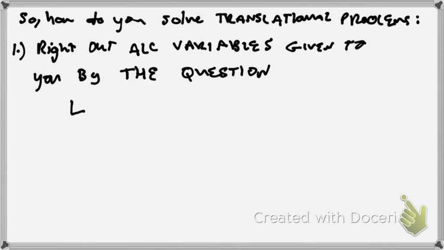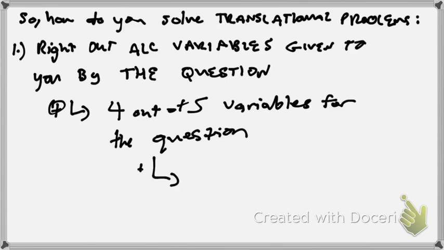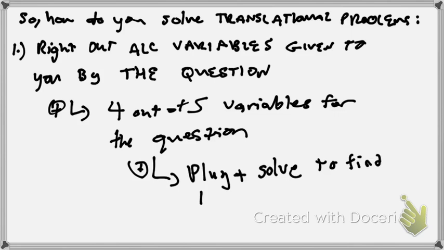So usually they'll give you 4 out of 5 variables for the question. All right? And based off of those variables, you'll be able to plug and solve to find the missing variable. All right.